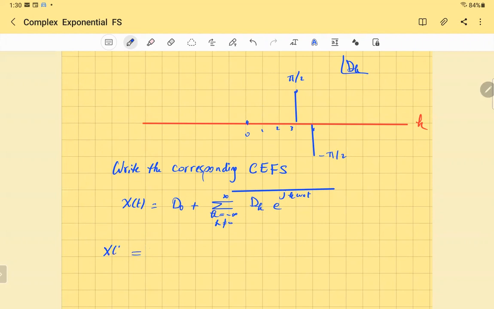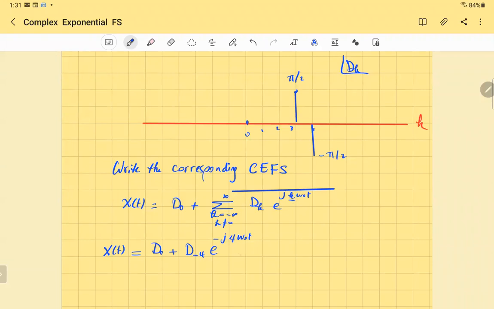X of t should be equal to d naught. I will start with the negative, of course: d minus 4 e power minus j 4 omega naught t. I'm substituting here by the value of k, starting from the negative.